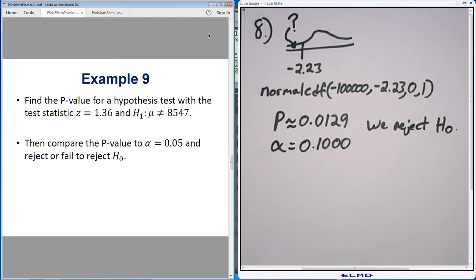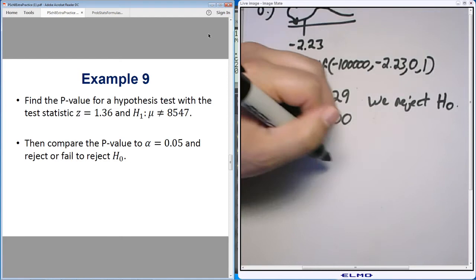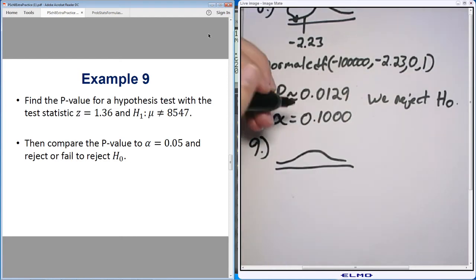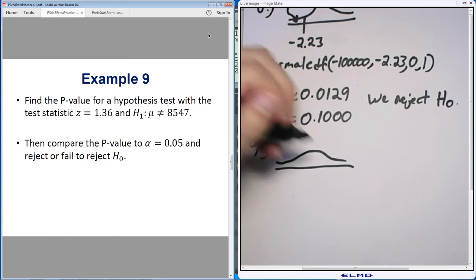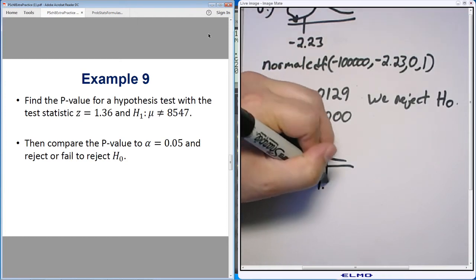Now for number 9. Number 9 says find the p-value for a hypothesis test with the test statistic z equals 1.36, and H sub 1 is mu is not equal to 8547. So here's my distribution. Test statistic is going to be about right here, 1.36.